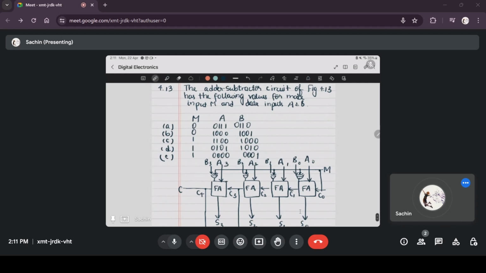Now they're asking what will be the output.